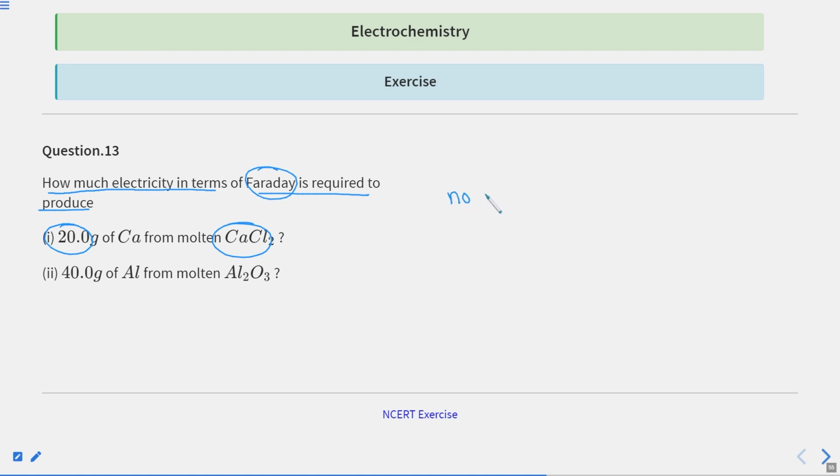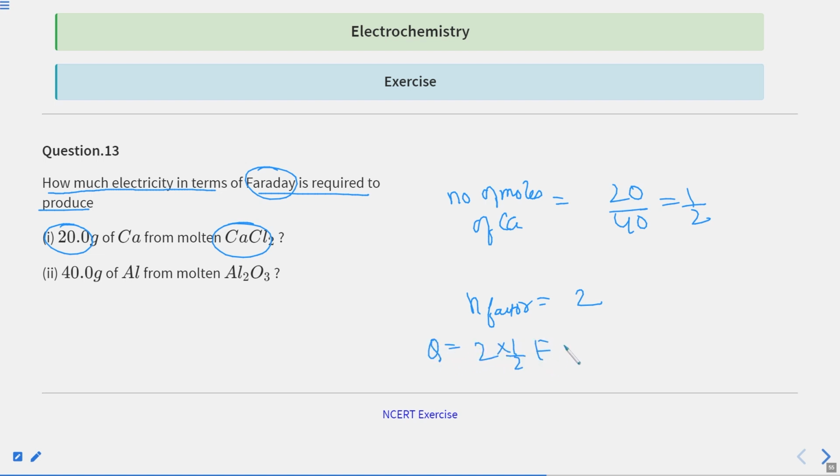Therefore, number of moles of calcium will be equal to 20 by 40, that is 1 by 2. What is N factor? Since it is Ca2+ to Ca, it will be 2. At last, what will be the charge in terms of Faraday? It will be 2 into 1 by 2 into F, that is 1 Faraday.